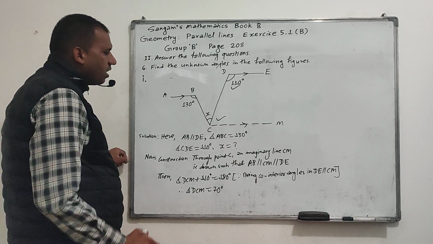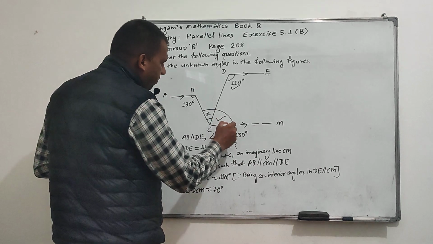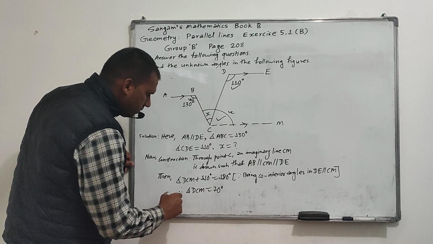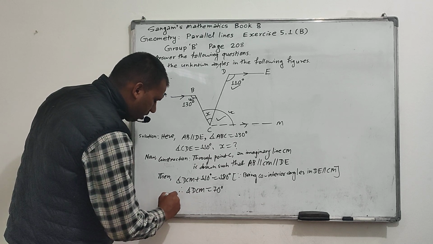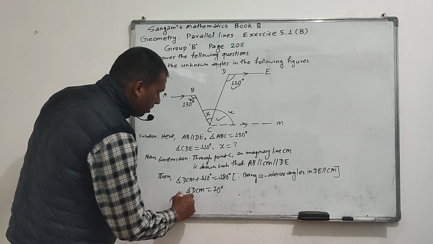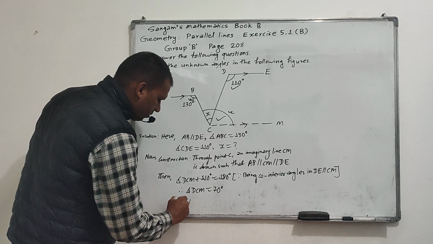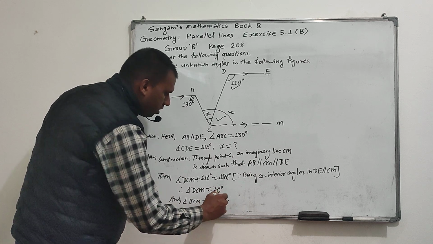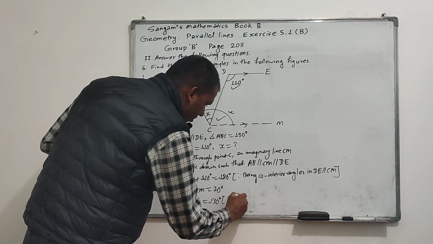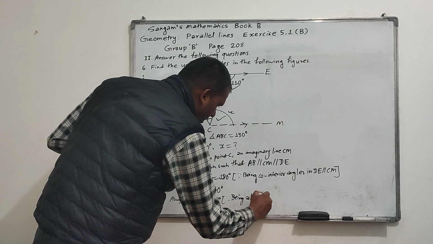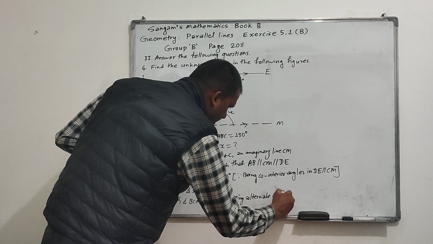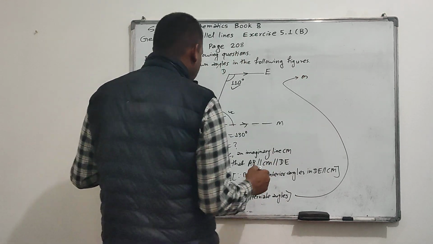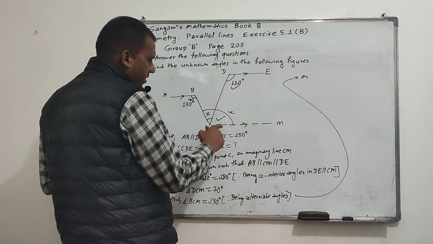After this, 130 and this angle BCM are alternate angles. So angle BCM is equal to 130 degrees, being alternate angles. Angle BCM is the sum of x and DCM.